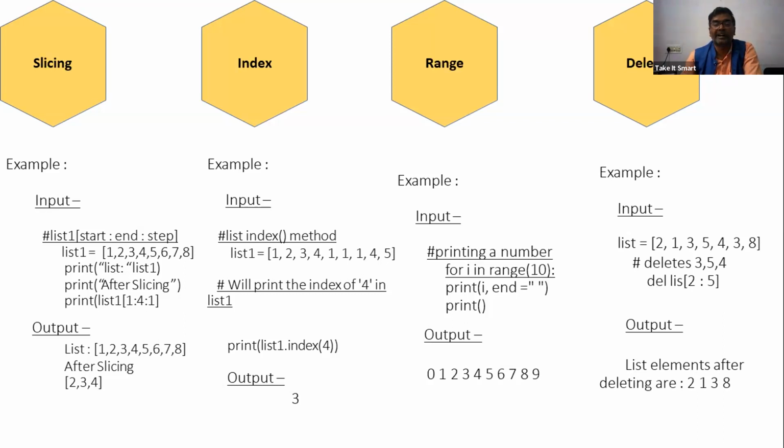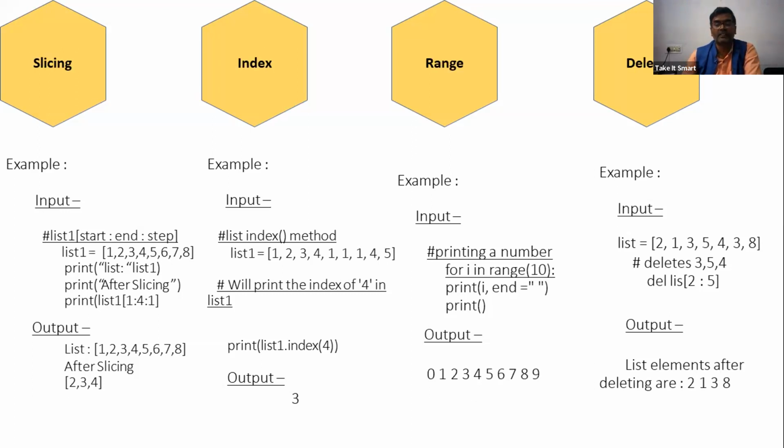Fine. So next is range. You know the meaning of range, you may have studied range in statistics. For i in range 10, it will start from 0 and go till 9. You can consider length 10, not till 10.